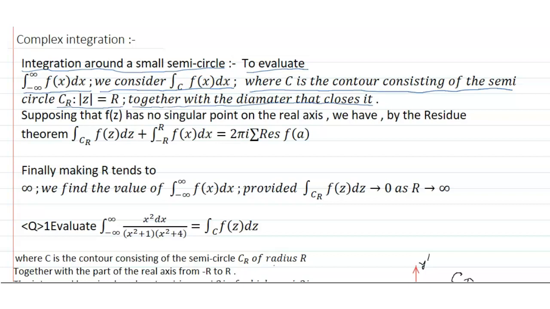Supposing that f(z) has no singular point on the real axis, we have by the residue theorem the integral over C_R of f(z) plus the integral from minus R to R of f(x) dx equals 2 pi i times the sum of residues of f(z) at a. This is the formula, friends.